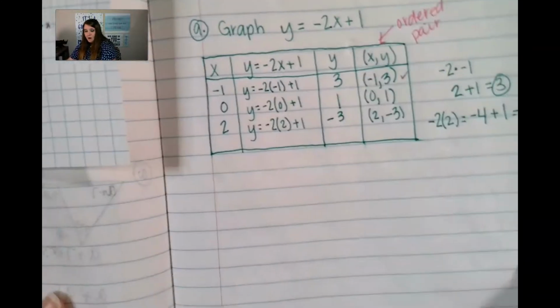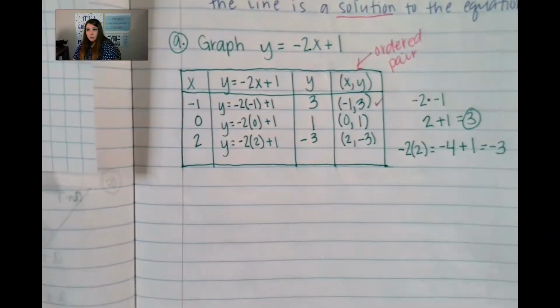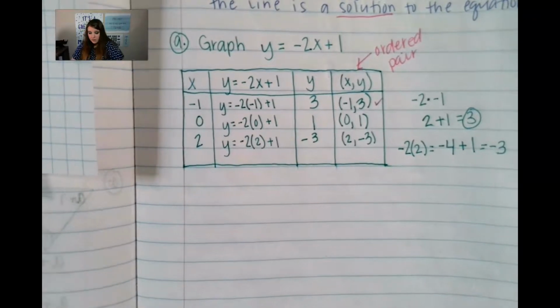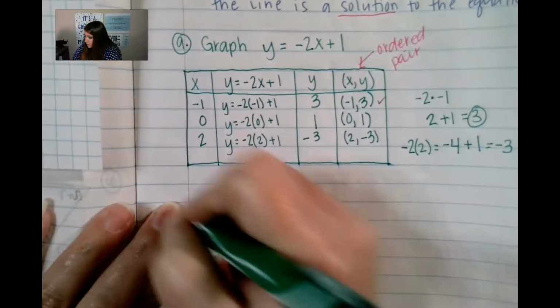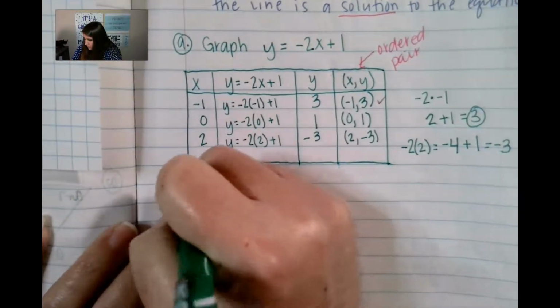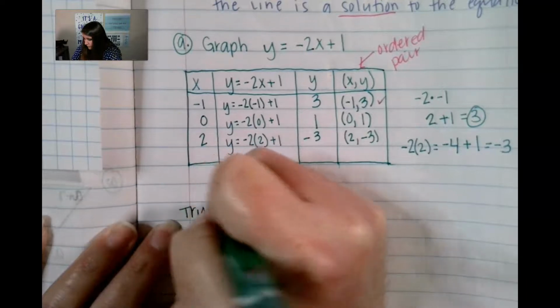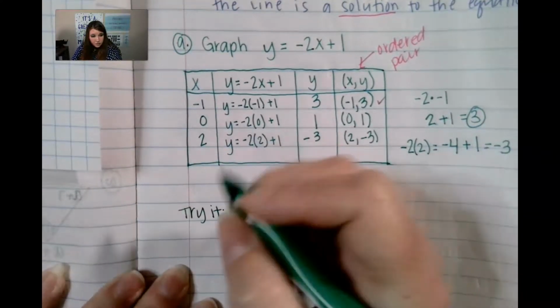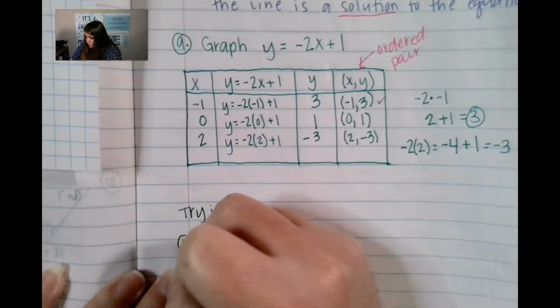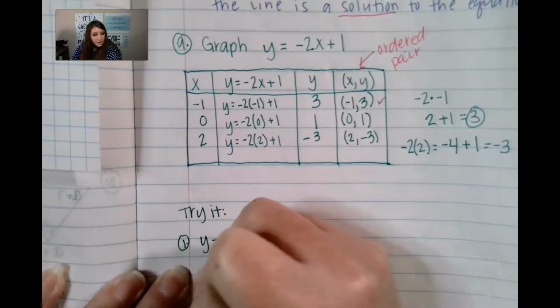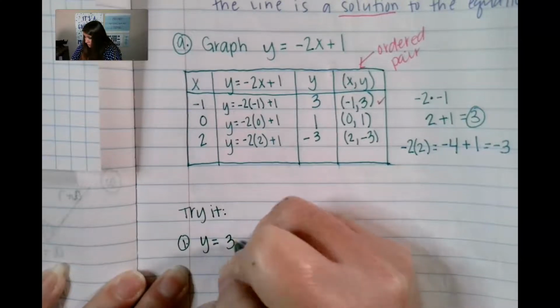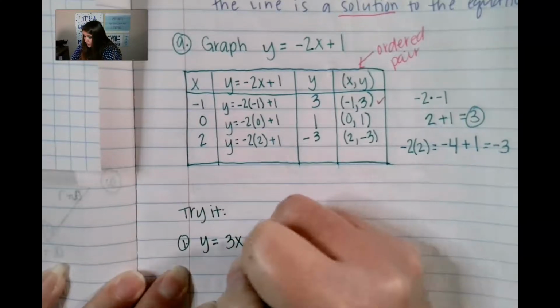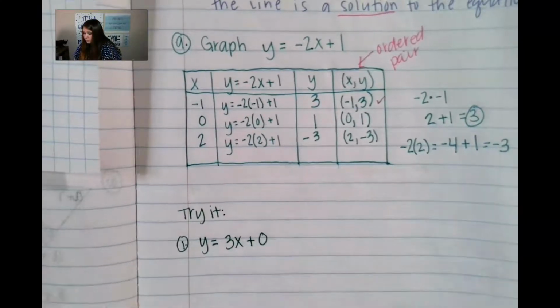Okay? All right, let's do a try it now. So we're going to do a try it. And your try it says to graph y equals 3x plus 0.